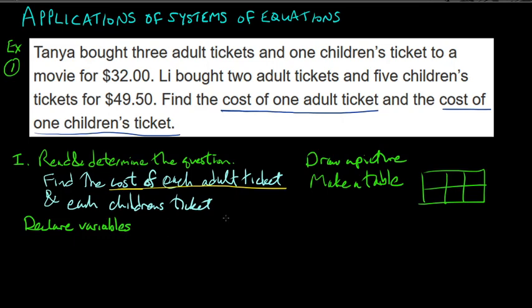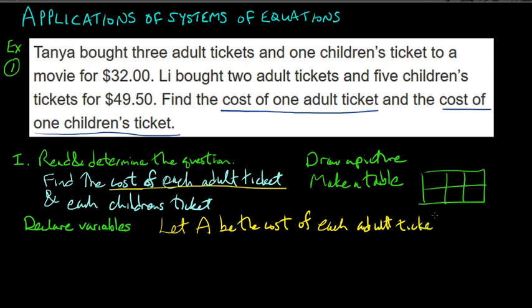So since it's an adult ticket, why don't we let A be the cost of each adult ticket. I hope that's legible. So A for adult, and then we can use C for children's tickets. So let C be the cost of each children's ticket.